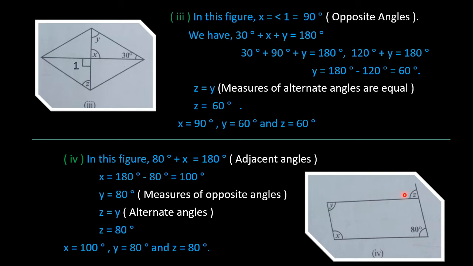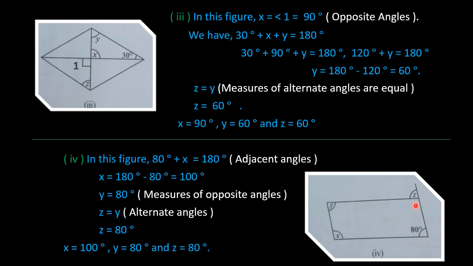Now last we have to find the measurement of this angle z. And z is equal to, we can write, y because they are the alternate angles. Children, see the two sides, this side and this side. They are parallel lines, and this line is the transversal made to these parallel lines.